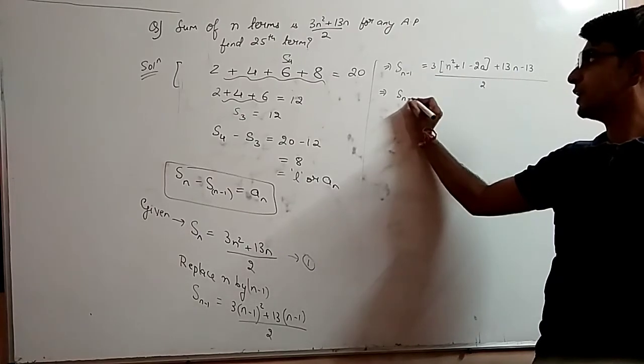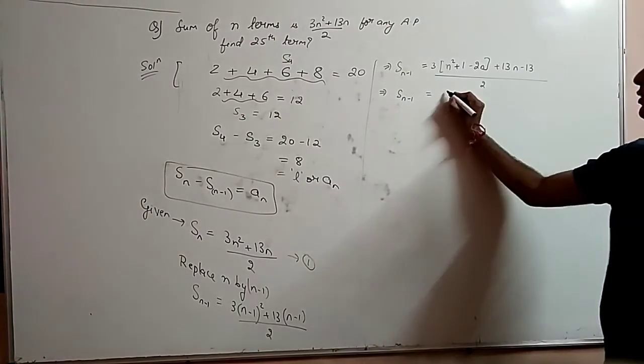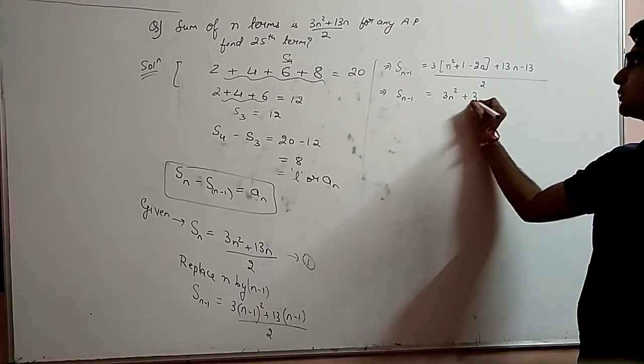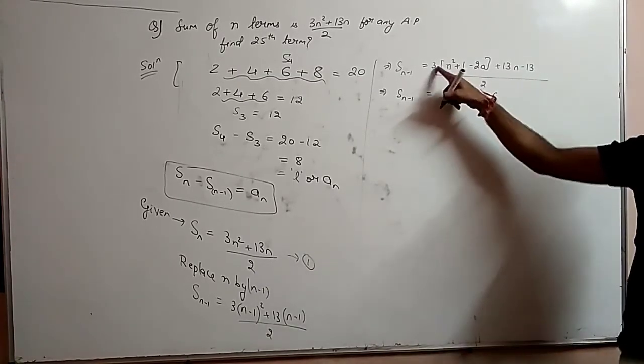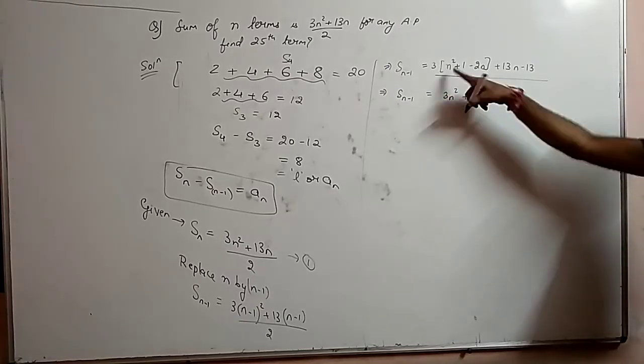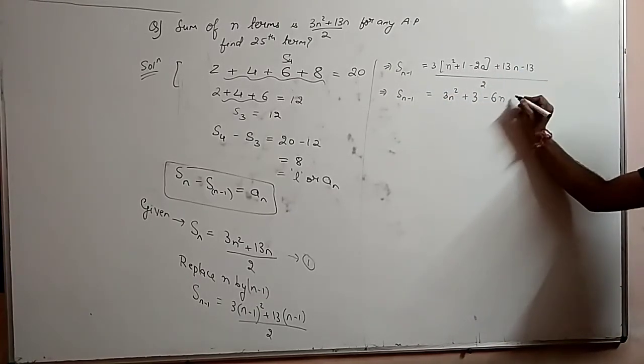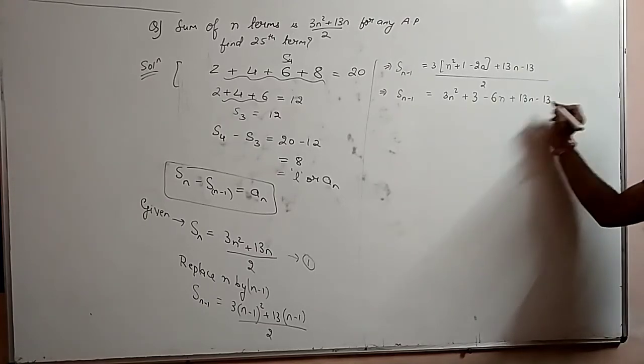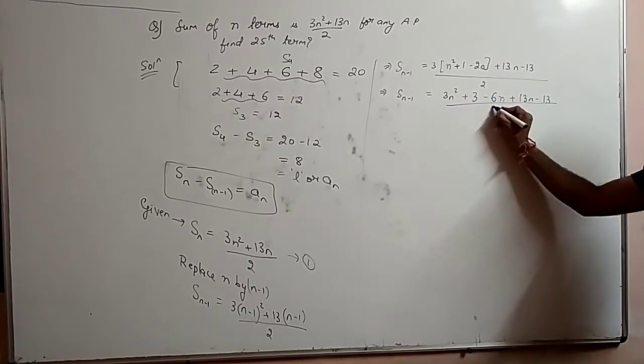So S of n minus 1 will be (3n square, 3 into 1, 3 into minus 2n which is minus 6n, plus 13n minus 13) the whole by 2.